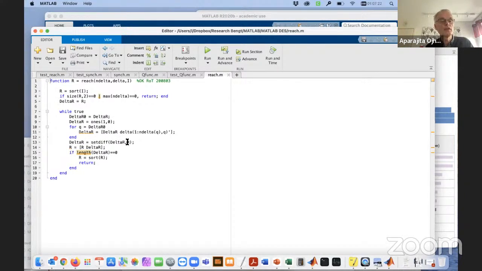So by this set difference, you only take the real new states, and then you add this to the R function. If this delta R has length 0, it means that you haven't added any more states, and then you can return here.